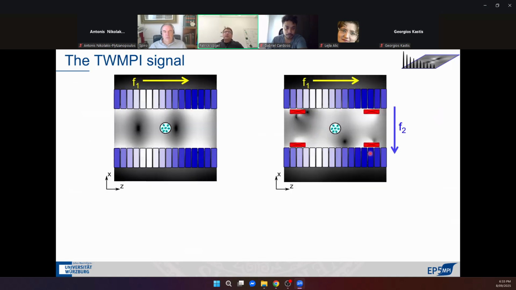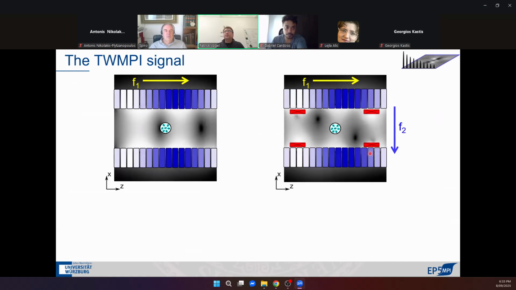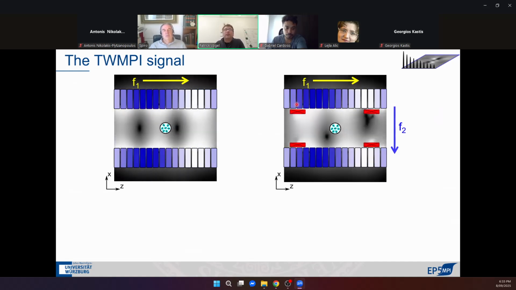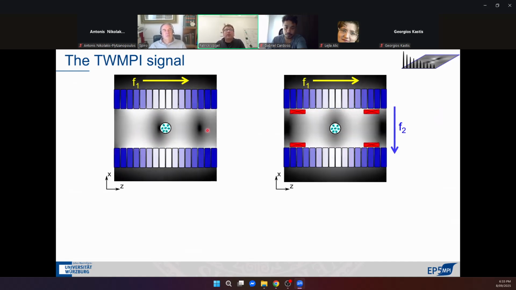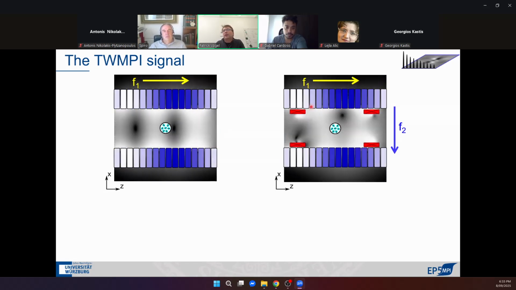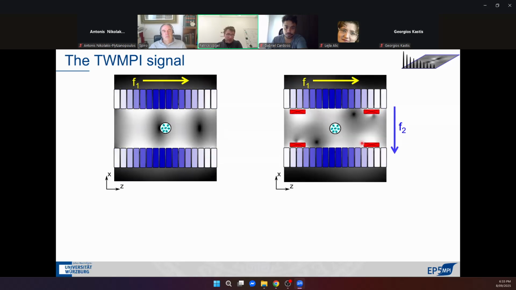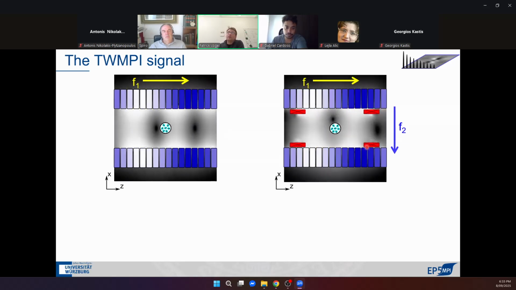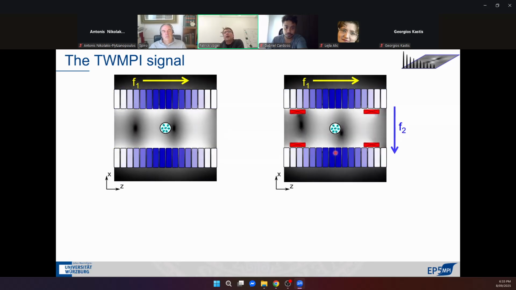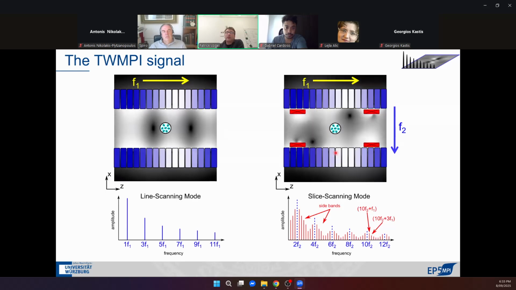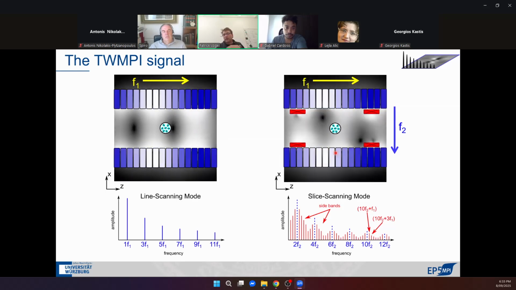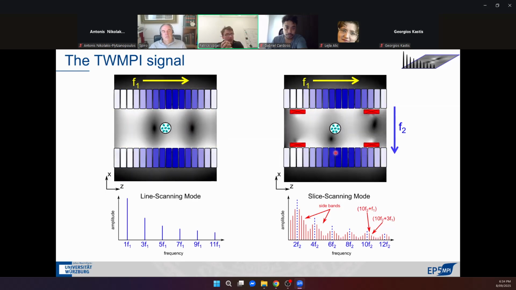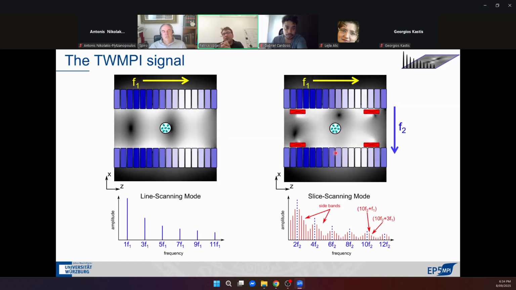When you're now using, for example, a 2D scan, you're using a second frequency. You have the first one, the traveling frequency from left to right, and for encoding a slice, you need a second frequency, here from up to down. And from the second frequency, you also get higher harmonics of the particle system as the magnetization response.